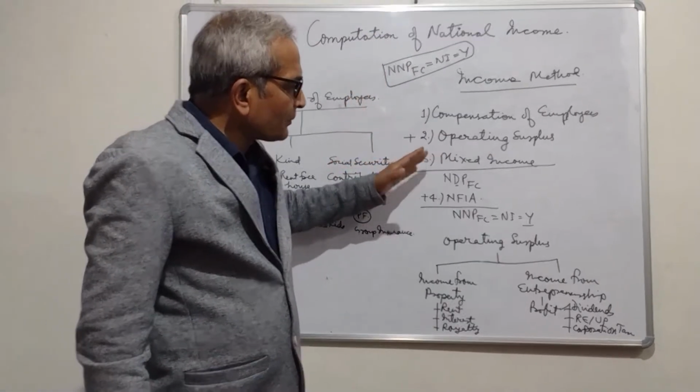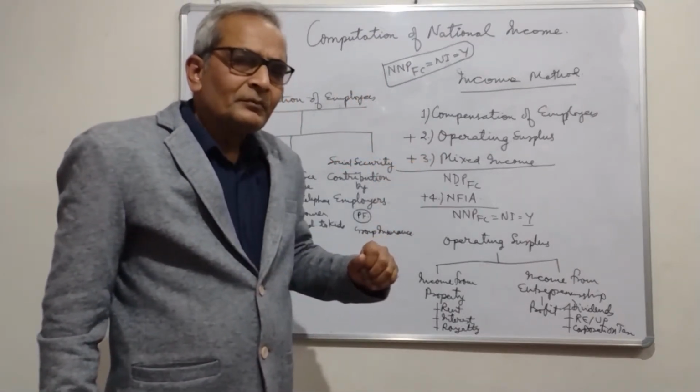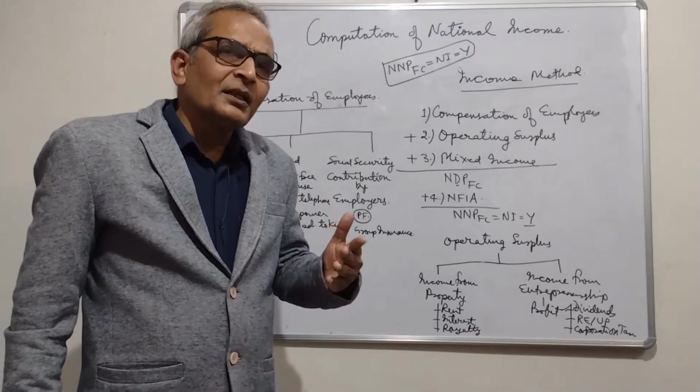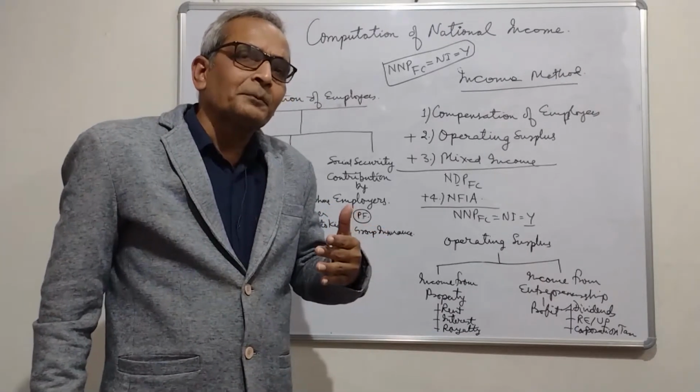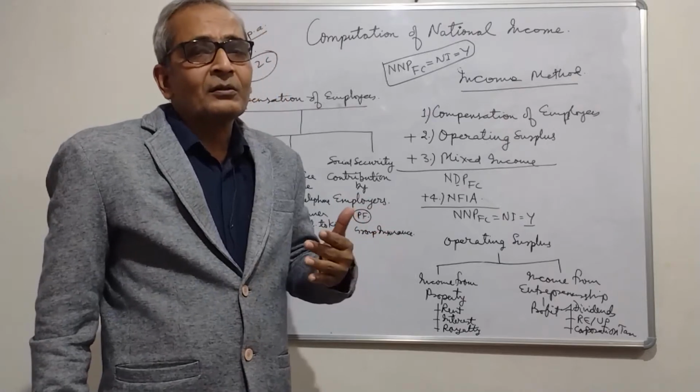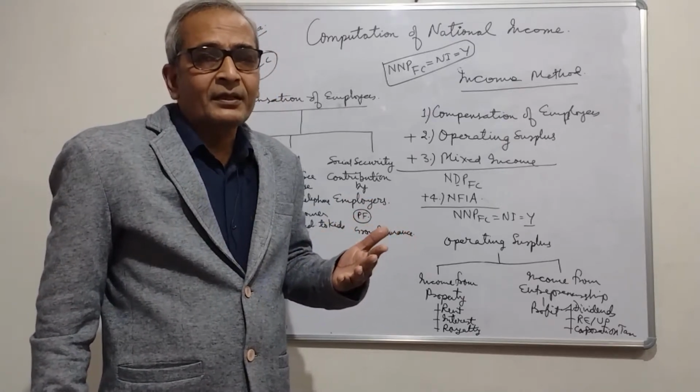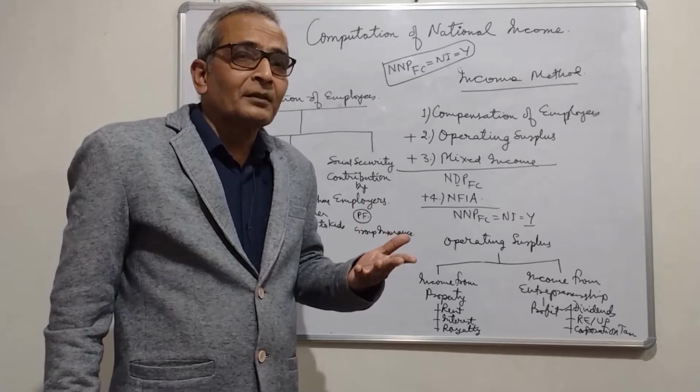Then the third item is mixed income. Mixed income is income generated by self-employed persons or professionals. Like, who are self-employed persons?